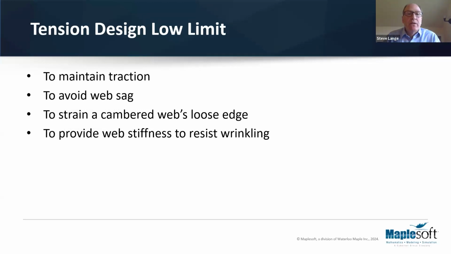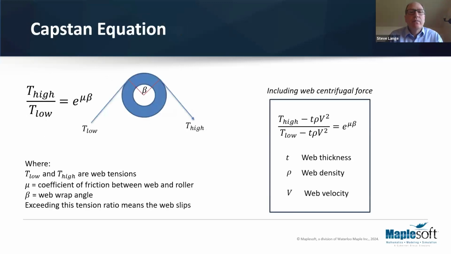If you have a web that is curved, and we'll talk about this more, curved or cambered, that means typically you'll see a loose edge on that web, and it will track to its loose edge in the machine. So there's a certain tension you may need to handle that kind of web. And then we will want a certain web tension to avoid wrinkling, because it provides some stiffness.